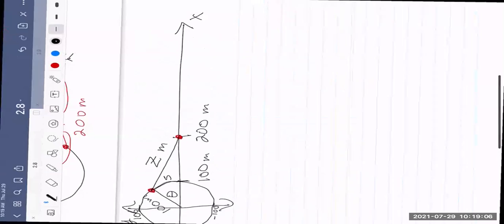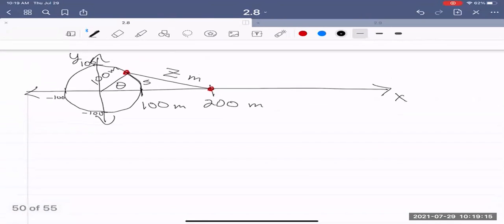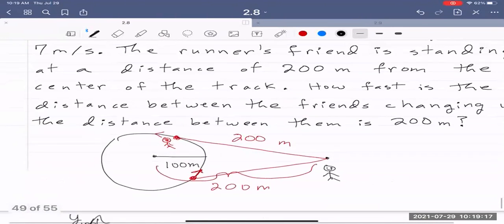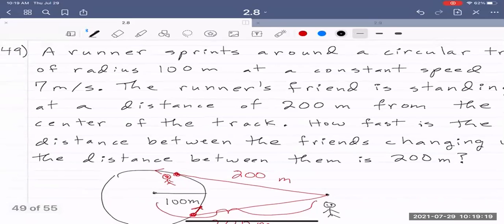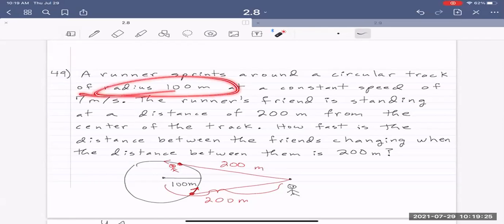whoa. Sorry about that. Okay, so let's see. Let's put in some of the facts here. Well, I've already given you some. So the radius of the track is 100. That's already in the picture.